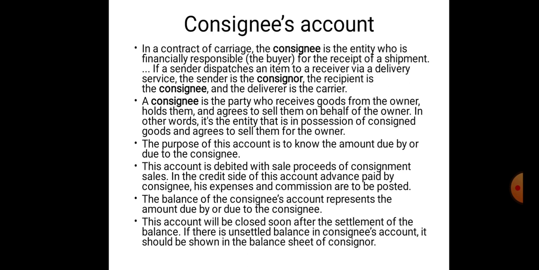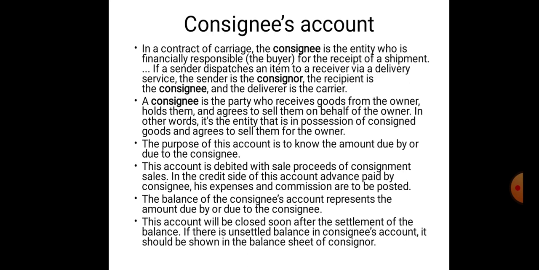This account is debited with the sales proceeds of the consignment sales, and on the credit side of this account, advance paid by the consignee will be shown, and the consignee's expenses and commission are to be posted, and the balance of the consignee's account represents the amount due by or due to the consignee.